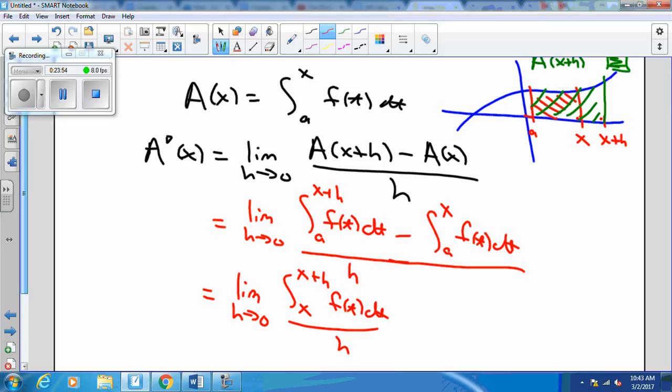So all of this is exactly like the plausibility argument that I made earlier, but in the plausibility argument I said, let's pretend this is a rectangle. Instead of pretending that it is a rectangle, what I'm now going to do is to appeal to my average value theorem.